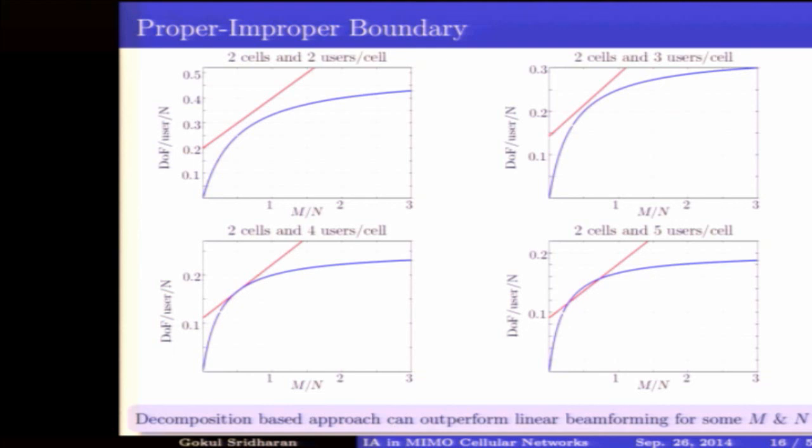We want to know what's the optimal curve here for all M over N. Notice that this plot applies to many cellular networks. It's 2 cell, 2 user per cell, but I've not specified the exact number of antennas. So any vertical line you draw here corresponds to many cellular networks having the same ratio M over N. So it's an aggregate plot actually.